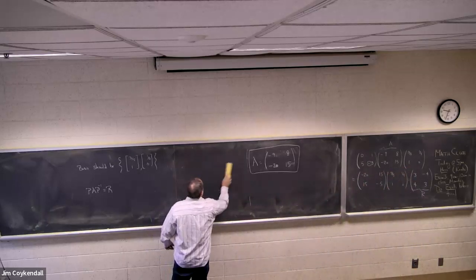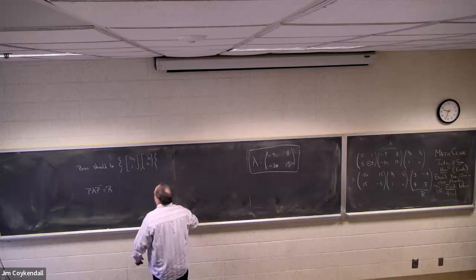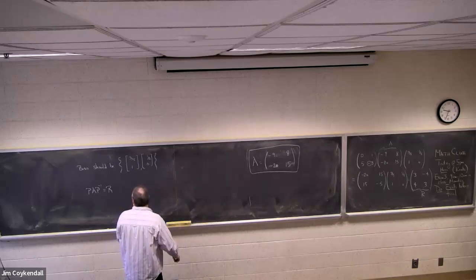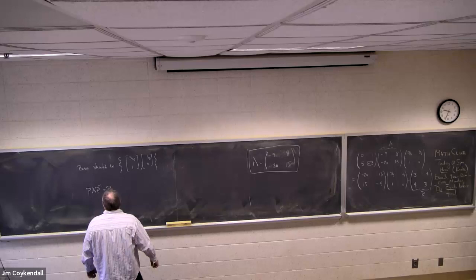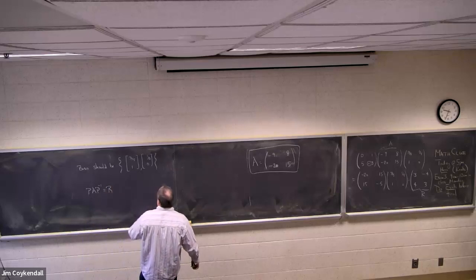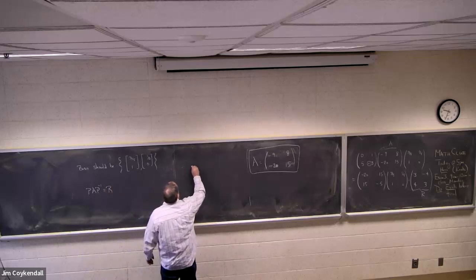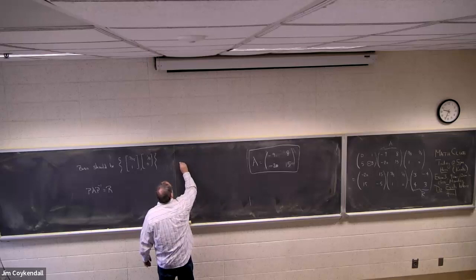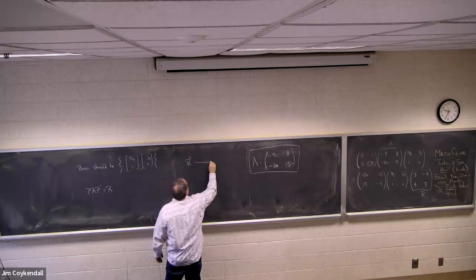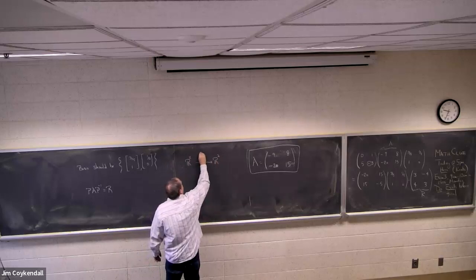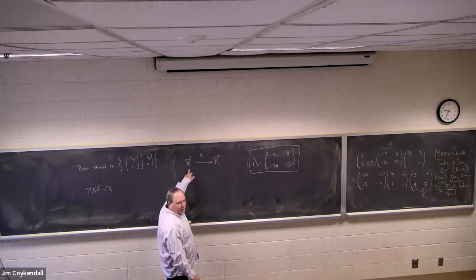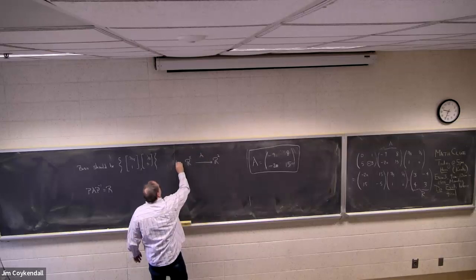And let me kind of draw you a diagram of why this is the basis. So what we have is a linear transformation from R to R. And that transformation is originally A, say in standard coordinates.